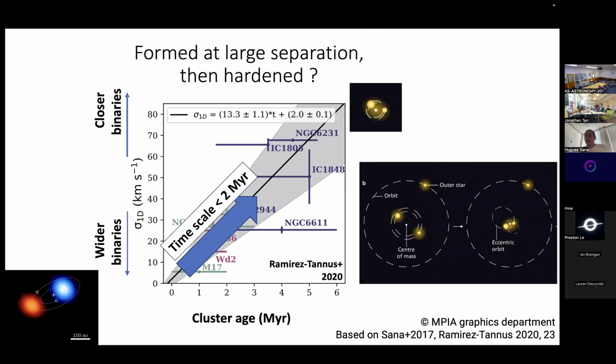May happen maybe within either the disk or within the initial companions of the massive star, right? So you would have maybe a small cluster of, I don't know, maybe 3, 4, 5, 6 stars within this region of maybe smaller than 10 AU, and then the hardening is happening in that region.